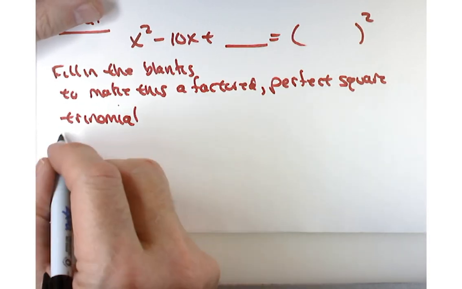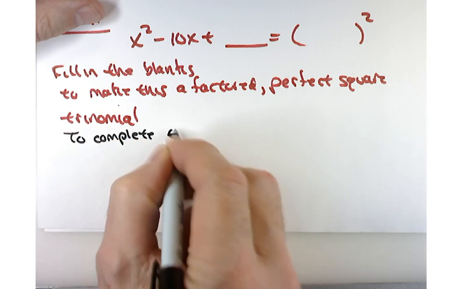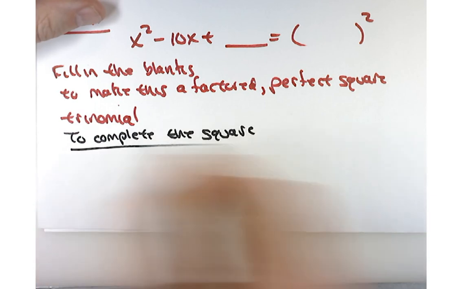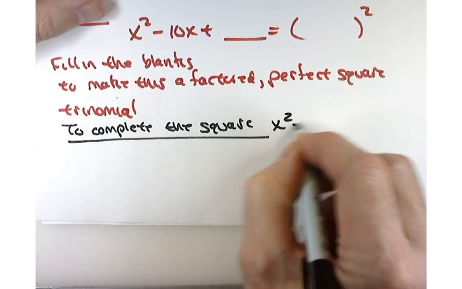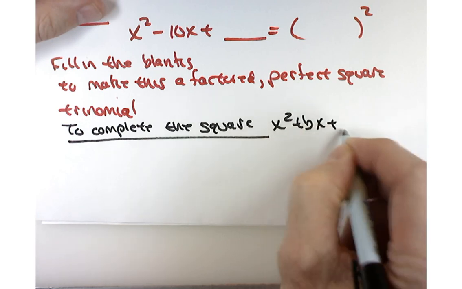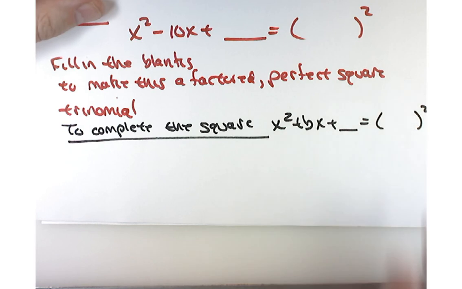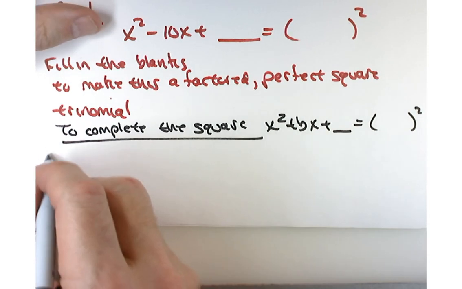To complete the square, and we're going to complete the square on something like this, x squared plus bx plus c, or plus something equals something squared. We're going to have to fill in those two blanks.